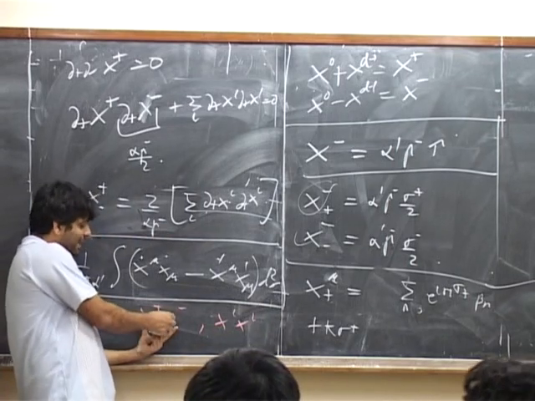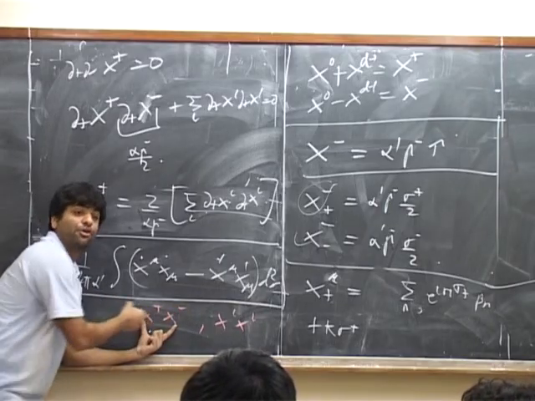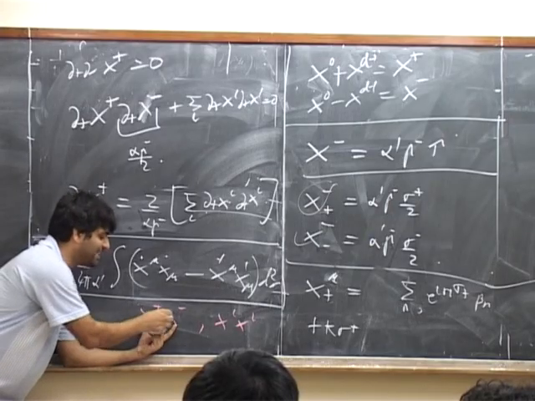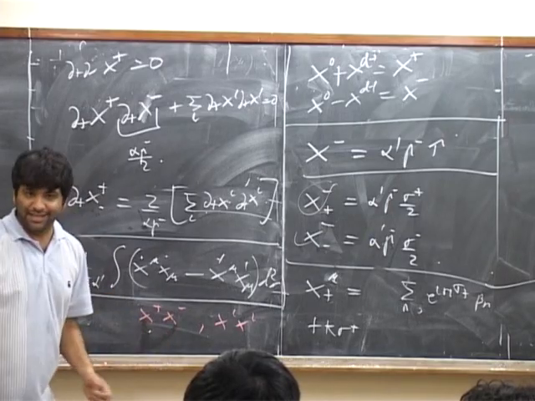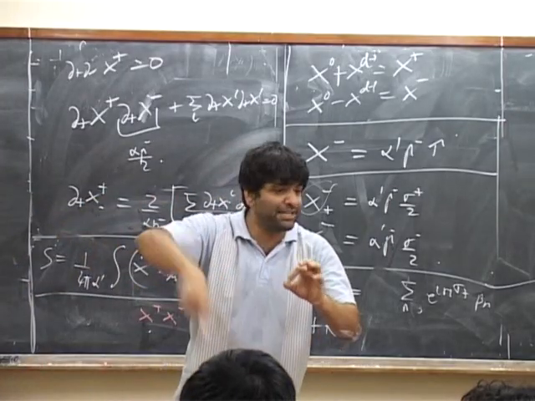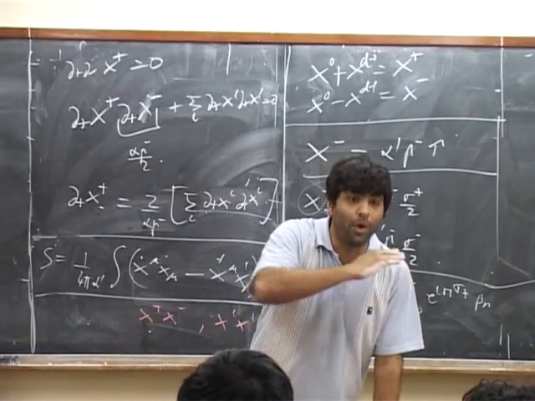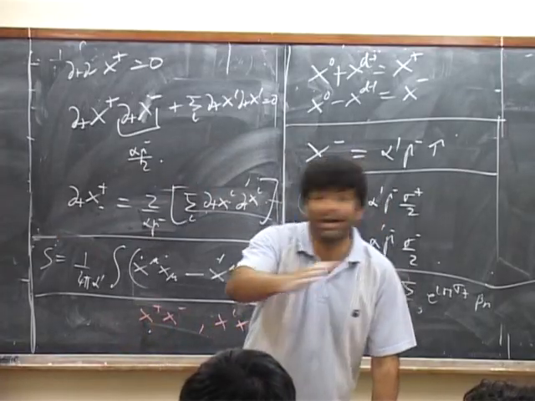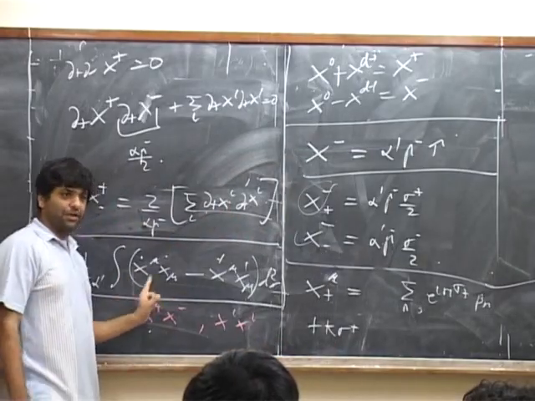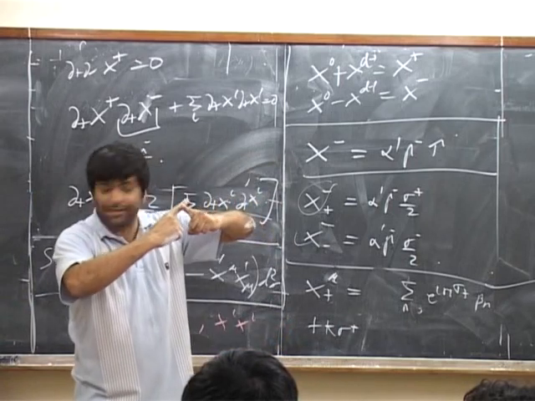All that survives here in the x plus x minus part are zero mode contributions. Suppose you took x plus and Fourier expanded it in modes of the circle, and x minus likewise. We set all the non-trivial, non-zero Fourier modes of x minus to 0. But in this integral, the only way you can get something non-zero is that a Fourier mode with momentum k pairs with a Fourier mode with momentum minus k.